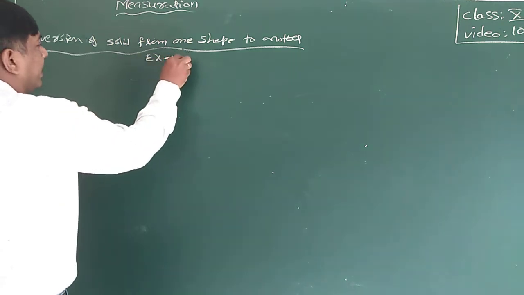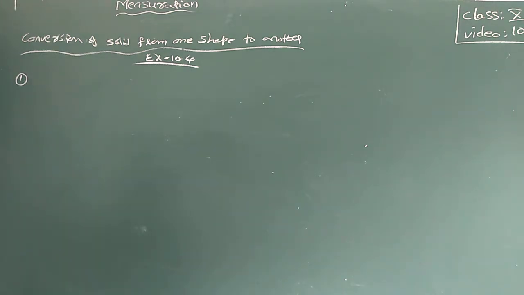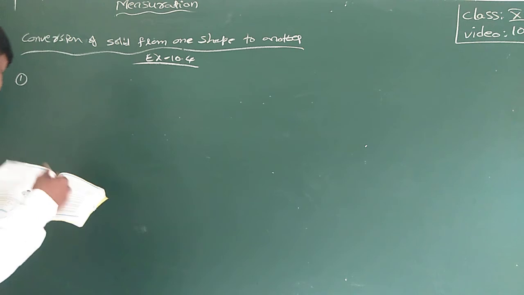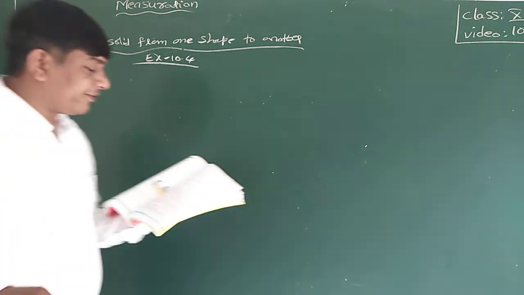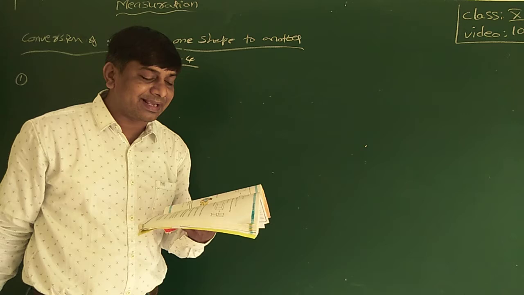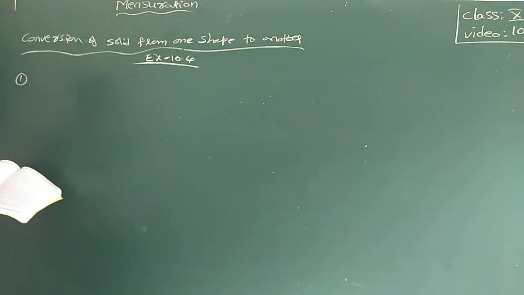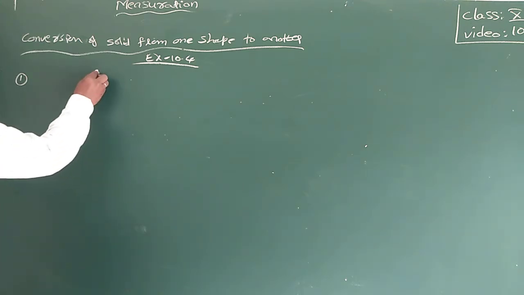Exercise 10.4, the first question. Always I will equate them in an easy method. A metallic sphere of radius 4.2 centimeters is melted and recast into the shape of a cylinder of radius 6 centimeters. Find the height of the cylinder.